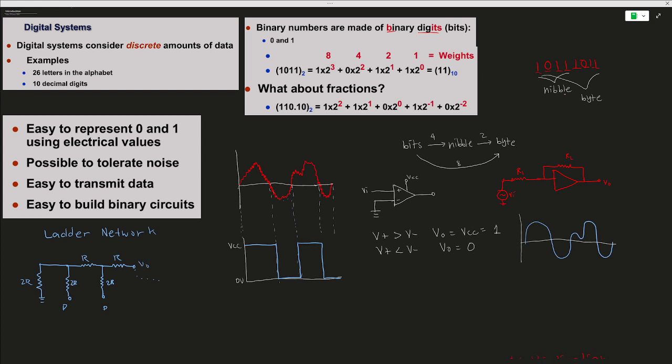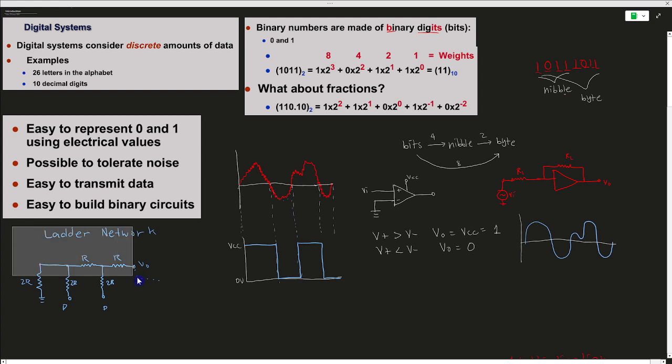I feel like I also drew this wrong, so apologies for that if you've read Boylestad. But basically, this is the main idea of converting from digital to analog. There are also other ways of doing that on the circuit side. We'll discuss that in later lessons. For now, let's stay with the basics.